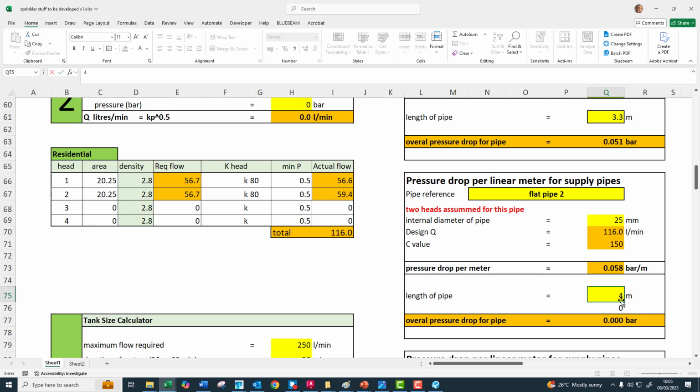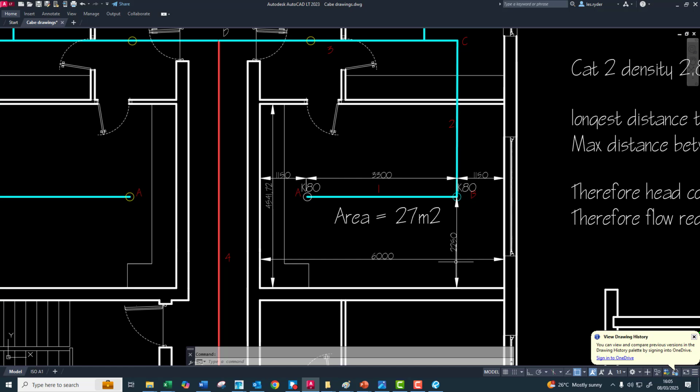But what we've also got to do on that 4 is, we've got an elbow. What we'll do is the far elbow on every pipe. So there's an elbow on there.